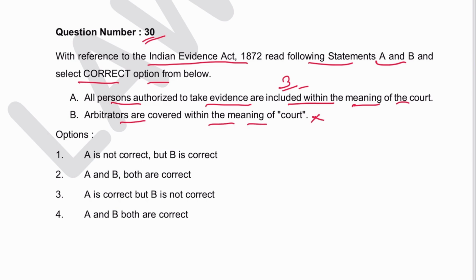No, this is wrong. Mentioned in the definition of court in interpretation section 3 itself. So A is correct, B is incorrect. 3 is the answer. Now section 3 obviously has been changed. The definitions are now mentioned in section 2 and the definition of court is mentioned in section 2A of Bharatiya Sakshya Adhiniyam.